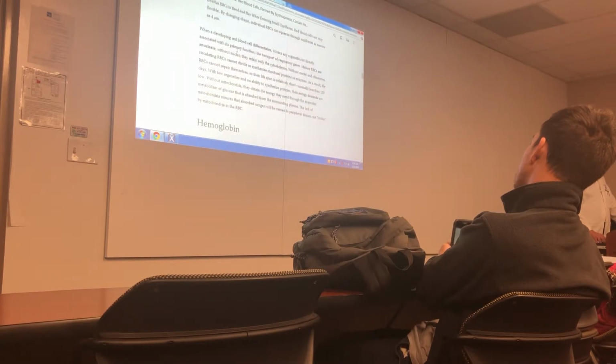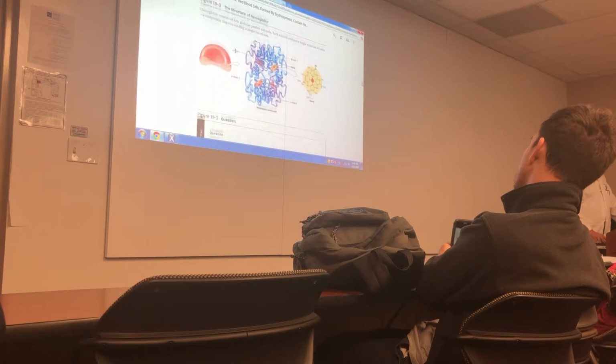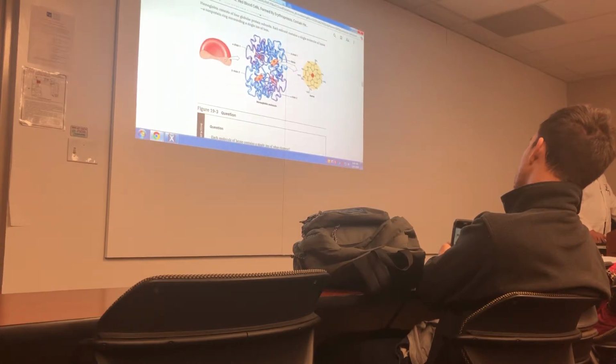So there it is. Hemoglobin structure. Remember, this is hemoglobin. What's the most important thing about proteins? The shape. And what type of shape are we looking at? This heme, or this globular. Globular shape is called what? Quaternary, right?